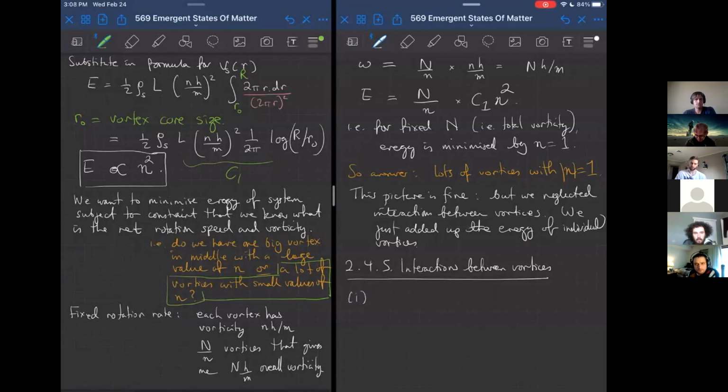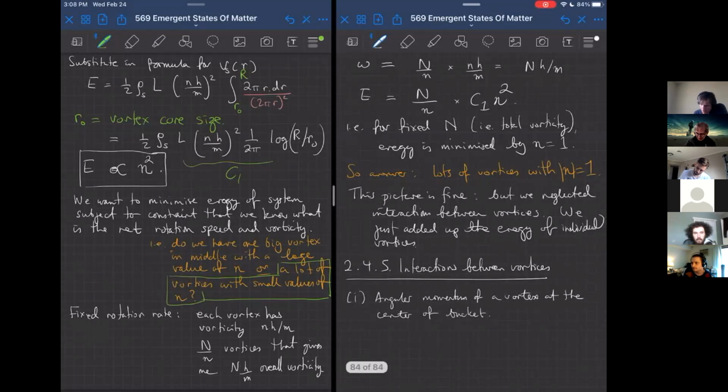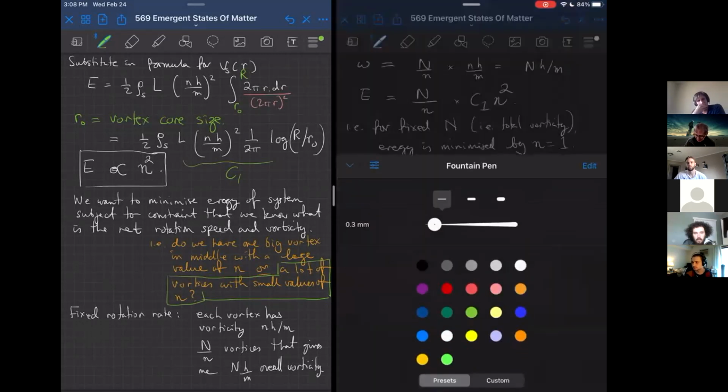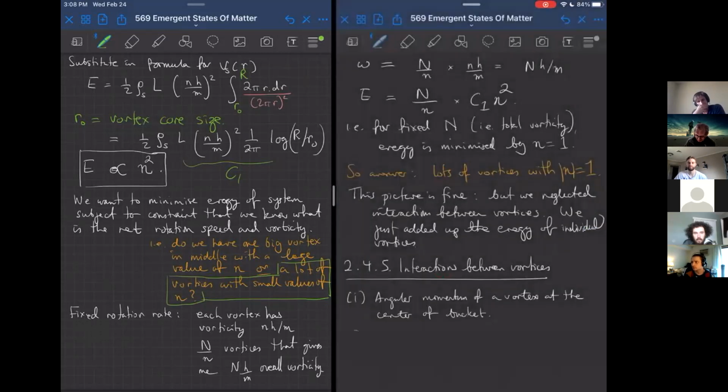The first thing I want to compute is the angular momentum of a vortex at the center of a bucket. And in the homework, you're going to compute the angular momentum of a vortex that's not at the center of the bucket.